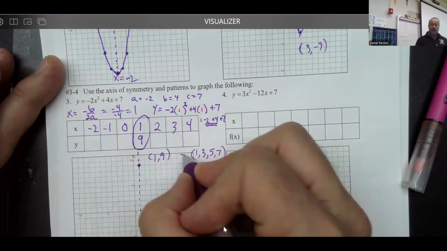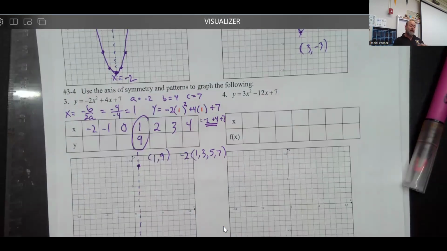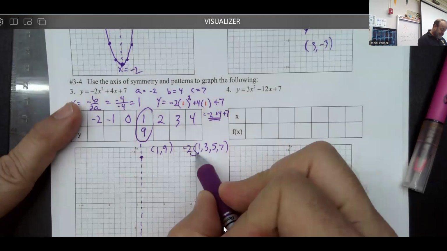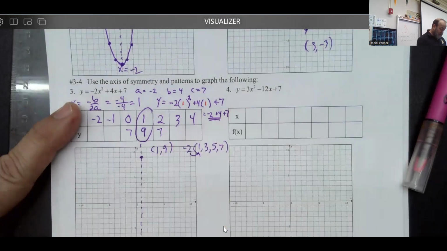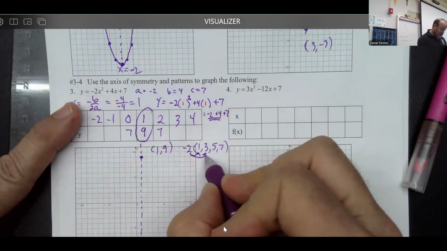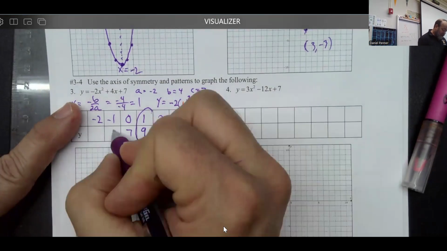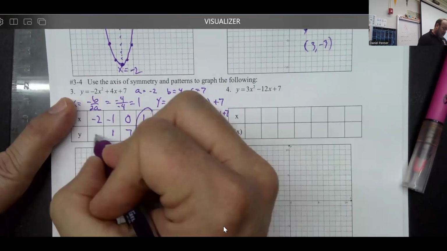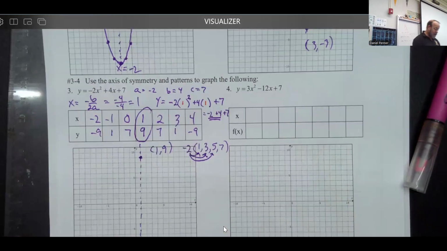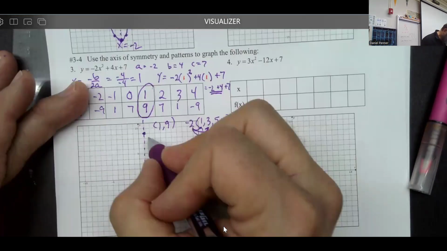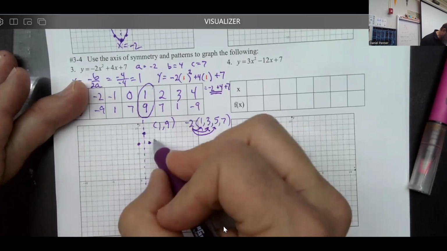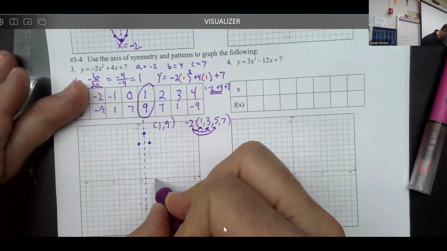That's a really important part that you have to watch for: if there is a number there for A, we have to honor that, which means I need to go down 2, and then I need to go down 6, and then I need to go down 10 from, again, that vertex.